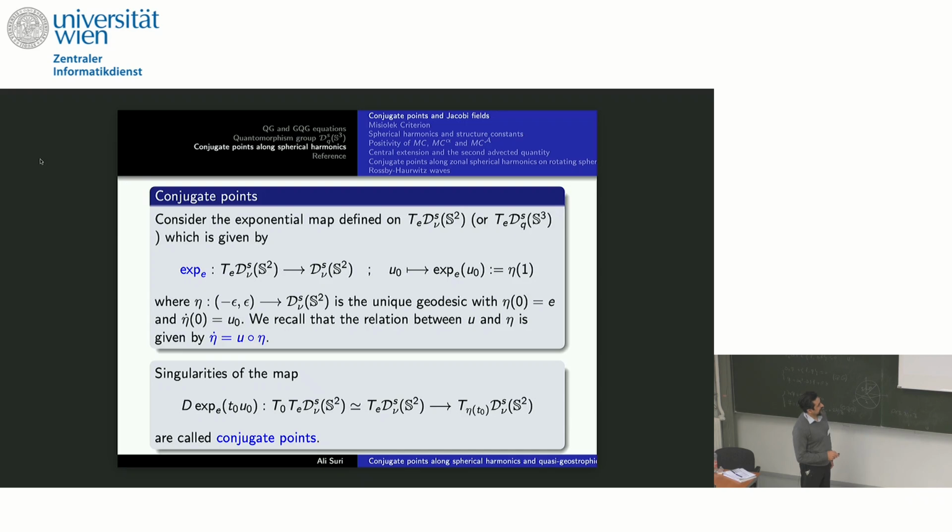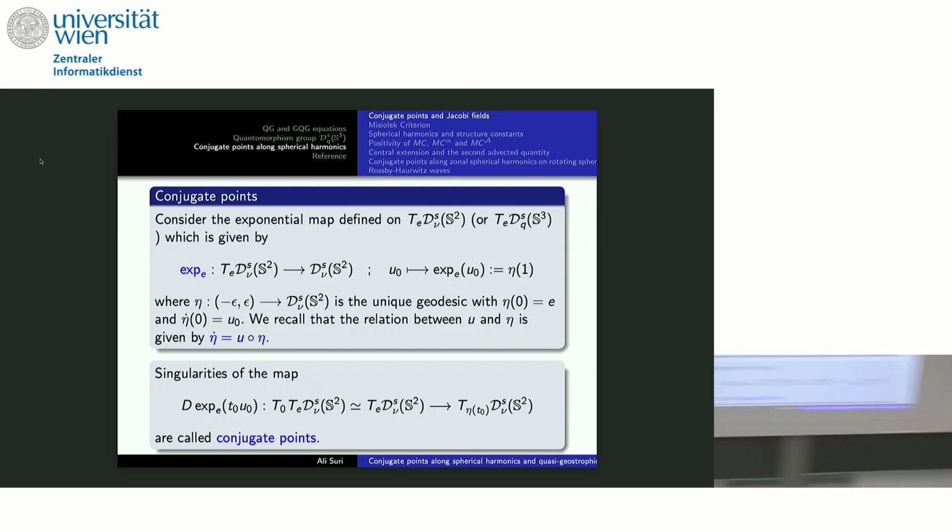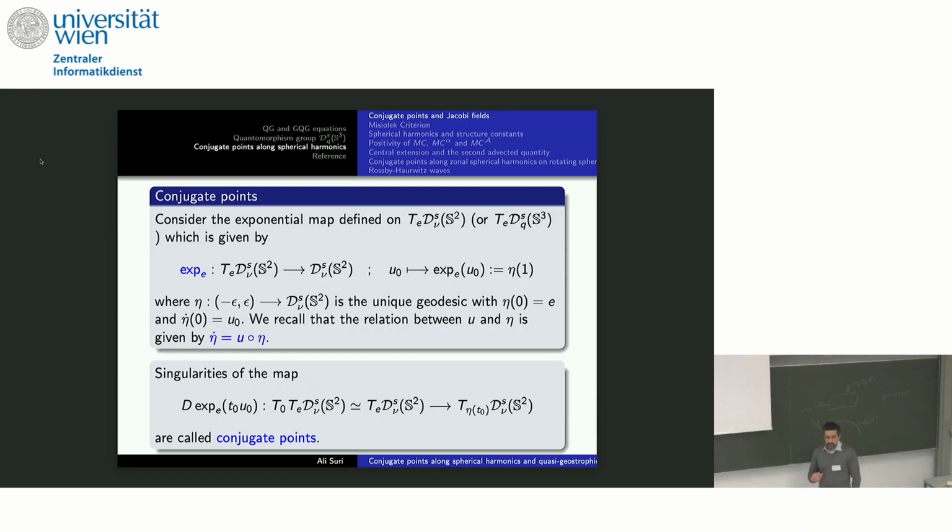The tangent space is itself, but here we have another vector space. Then we have a linear map between Hilbert spaces, and we can talk about its kernel and co-kernel. Elements of the kernel are called monoconjugate, and elements of the co-kernel are called epiconjugate points.